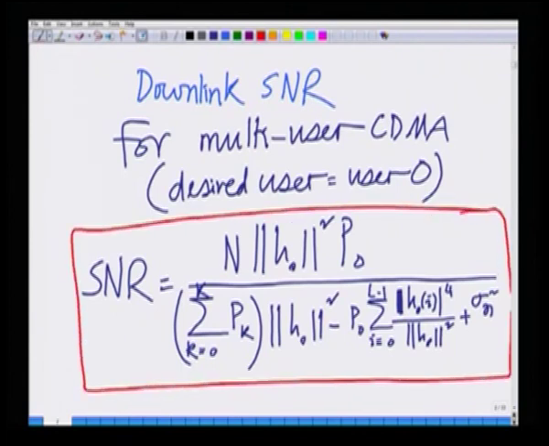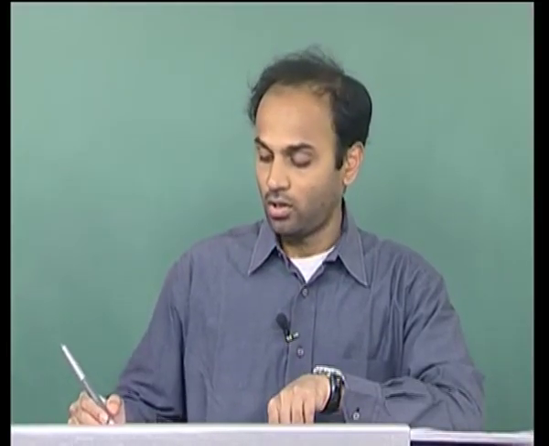for the SNR. Let us look at the different components of this expression. The first component is the power of the desired user, who is user 0, that is we are assuming user 0 is the desired user, we can do the same thing at user 1 and so on.